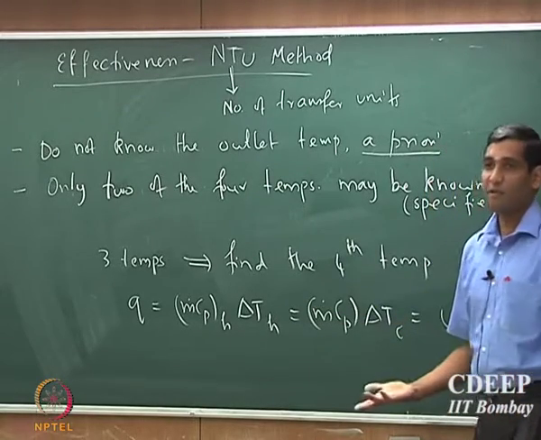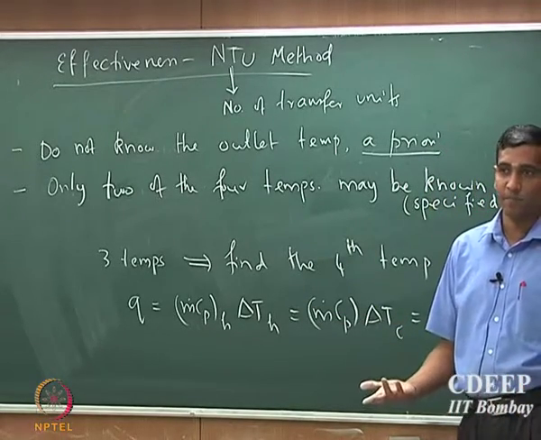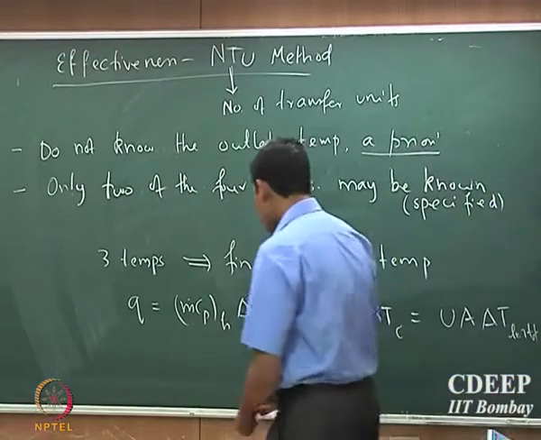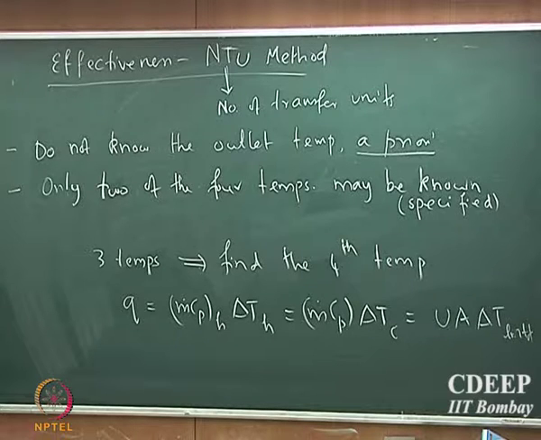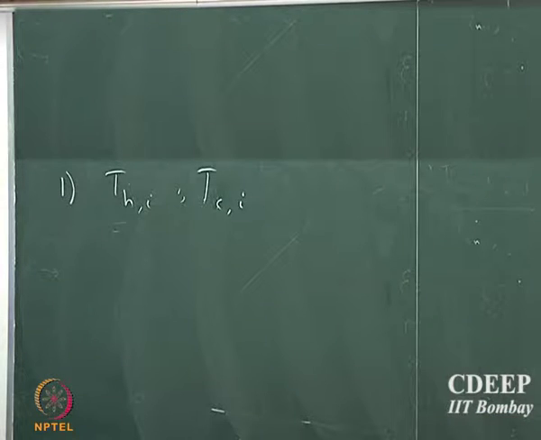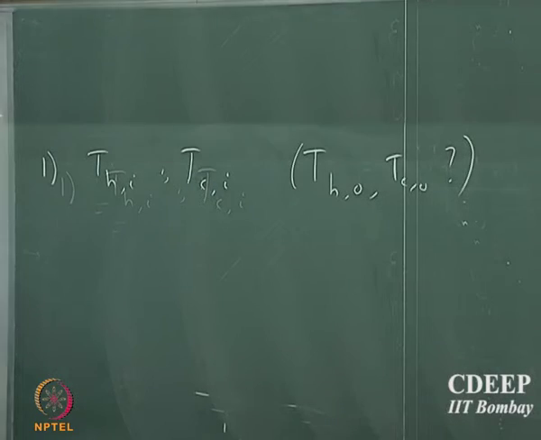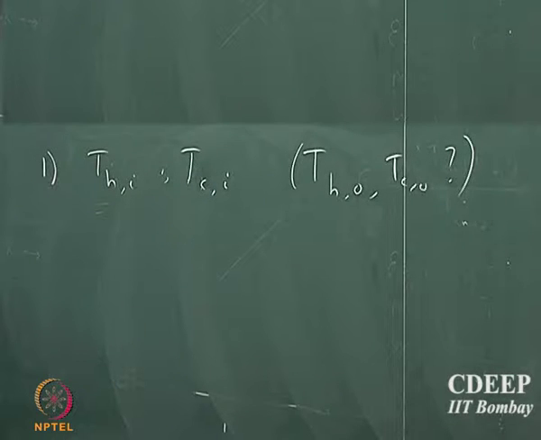So you could guess what is one of the temperatures. So the first step would be, let's say that the THI and TCI are given to you. The inlet temperatures of the hot and the cold fluid are given to you. Now THO and TCO are not known.